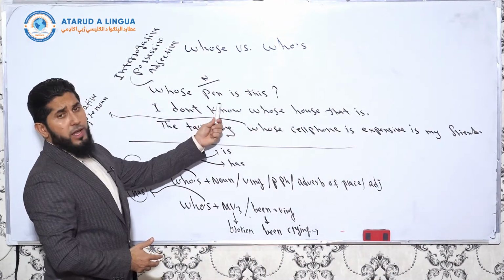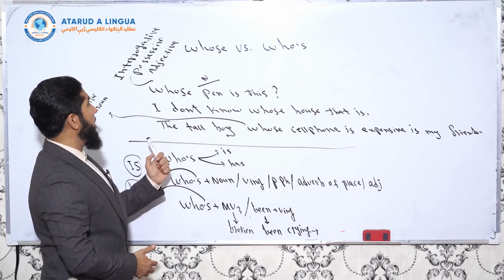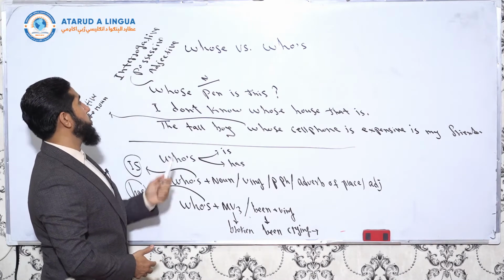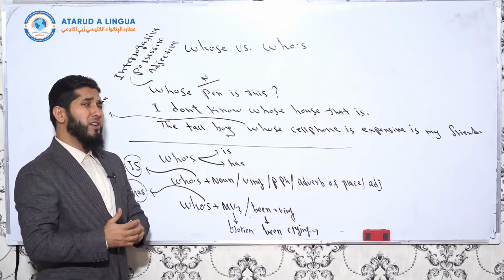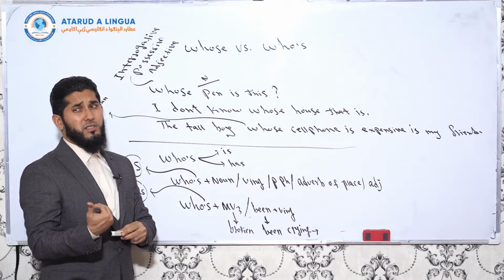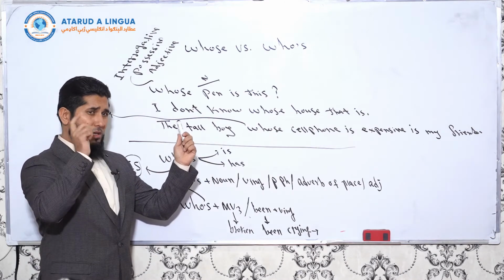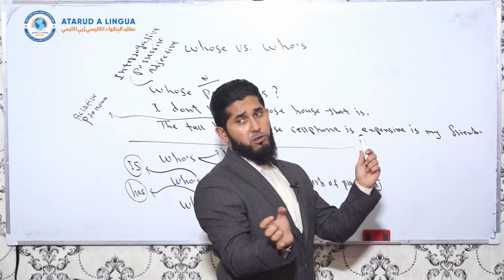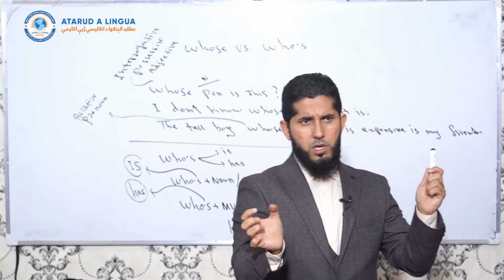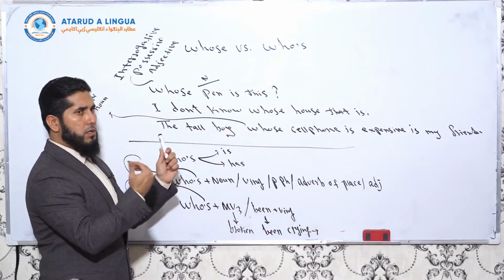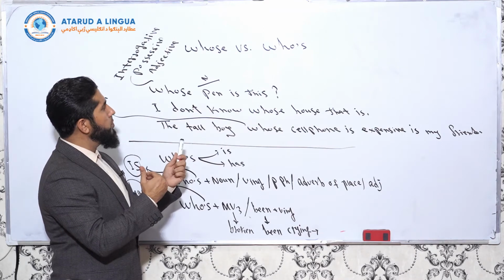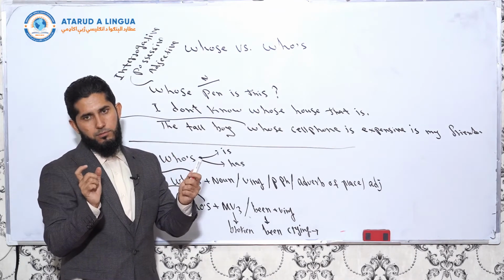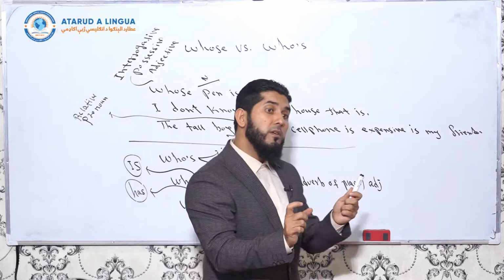It's followed by a noun in a sentence, and therefore we can call it an interrogative possessive adjective. Why interrogative? Because in simple sentences, this word is always used to ask about the possession of something. So this sentence means, to whom does this pen belong?